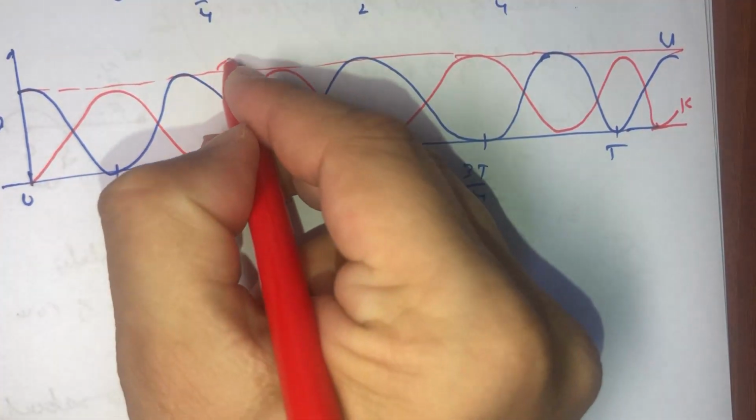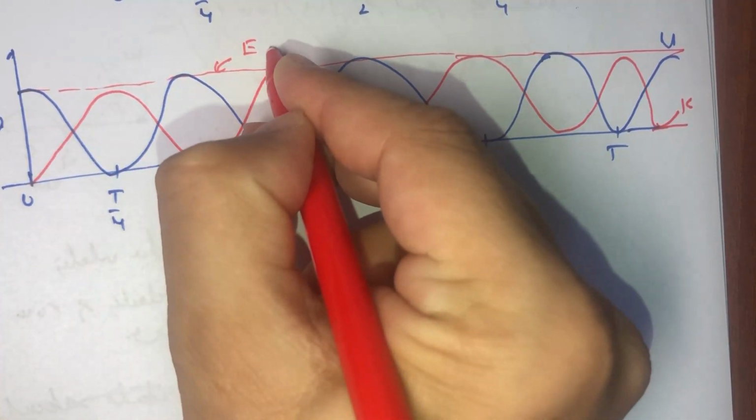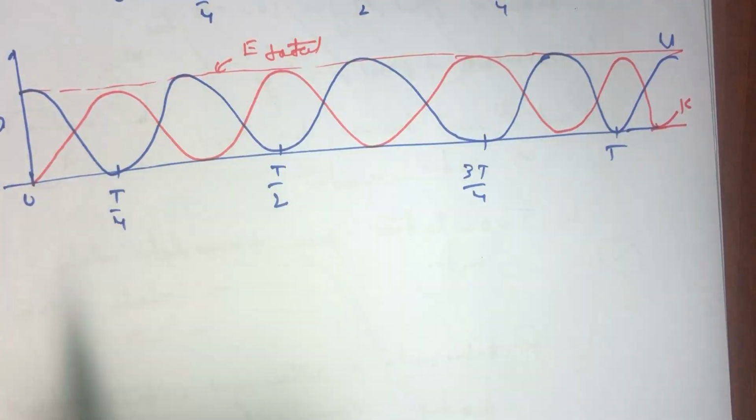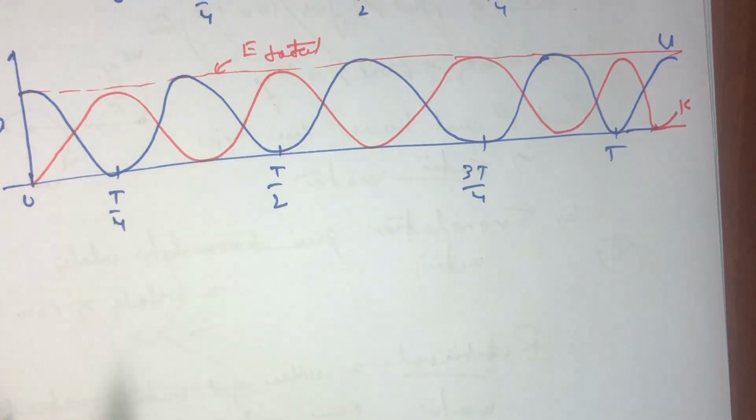So this will be our E total, which is always constant.